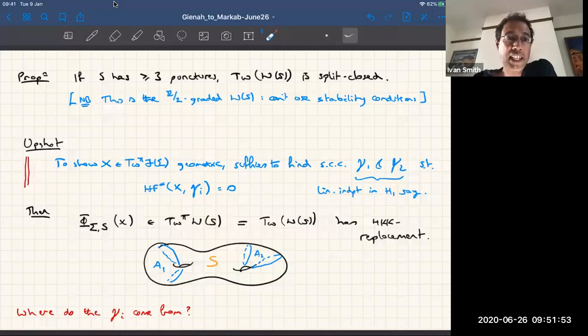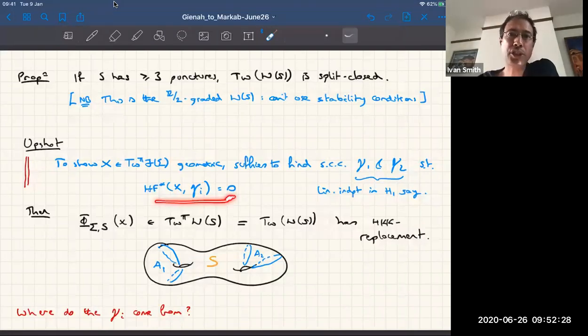And in particular, if you take any object X in the split closed derived category of a closed surface sigma, which is the kind of thing we want to study, and you can find two different simple closed curves, gamma 1 and gamma 2, which are linearly independent in H1, which X is orthogonal to, then by restricting to some S, which is the complement of two different annuli, you can show such an X is geometric.